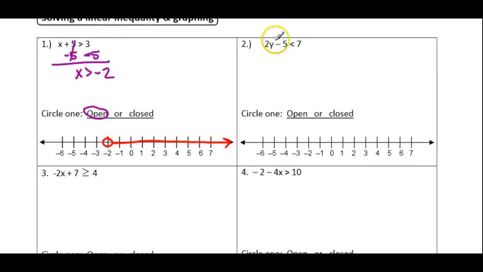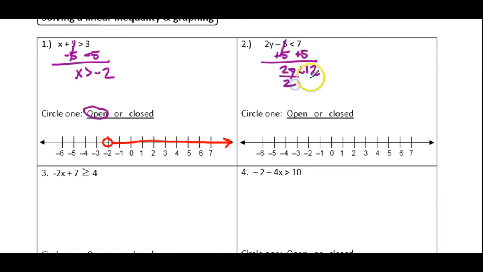Alright, number 2. 2y minus 5 is less than 7. So now I've got to get rid of the 2 and the minus 5. But remember, you've got to do it in the right order. Got to get rid of this minus 5 first, by doing plus 5 on both sides. 5's are gone. We're left with 2y is less than 7 plus 5, which is 12. Almost there. Now to get rid of the 2: 2y means 2 times y.